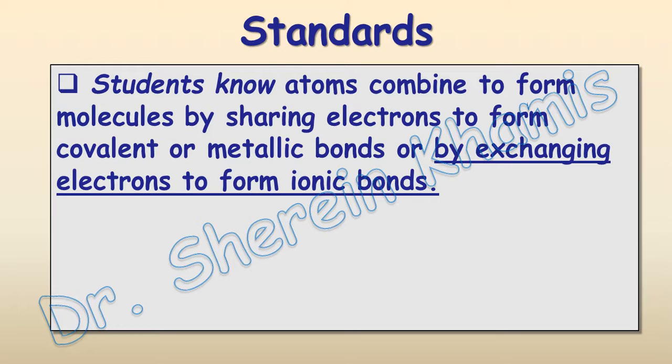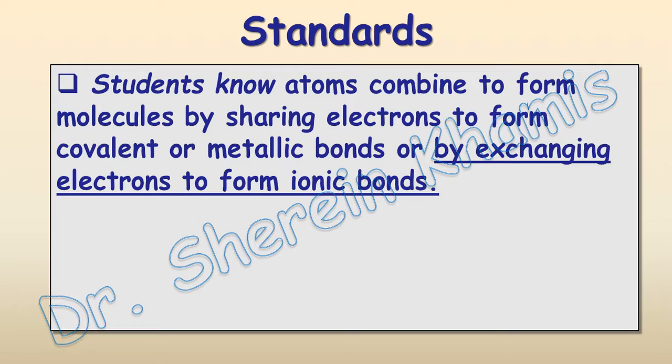If an atom is similar to the other atom, we form a molecule of what? Of an element, as they are similar. We took this fact in the first term, and we studied it many years before. Second, if we combine an atom with a different atom, we form what? A molecule of a compound.